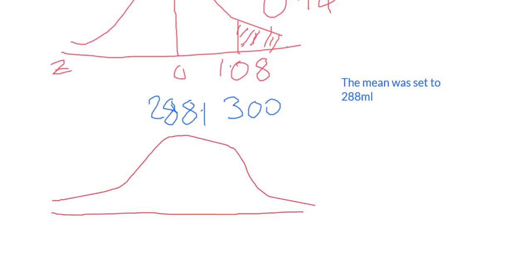The third time. So we know that this area here that's shaded is going to be 0.025, 2.5%. And so again, what we're going to do is work out what our standard normal z is. So we've got our z-axis here.